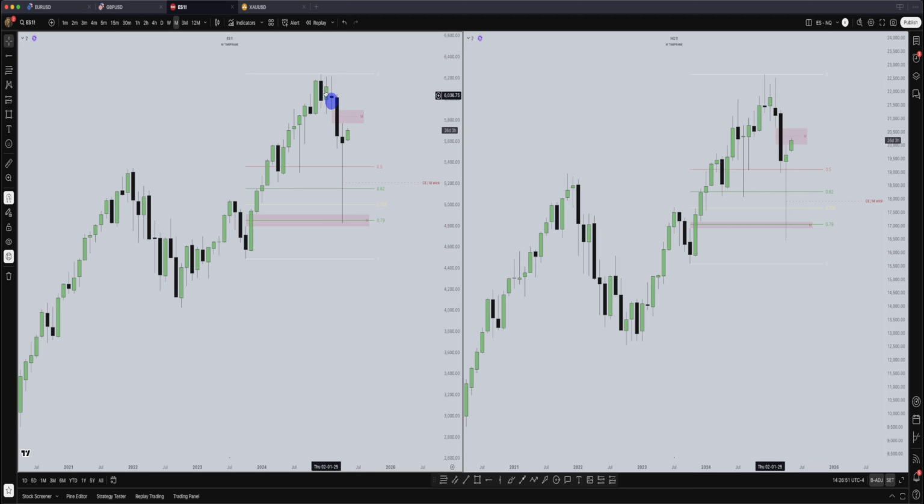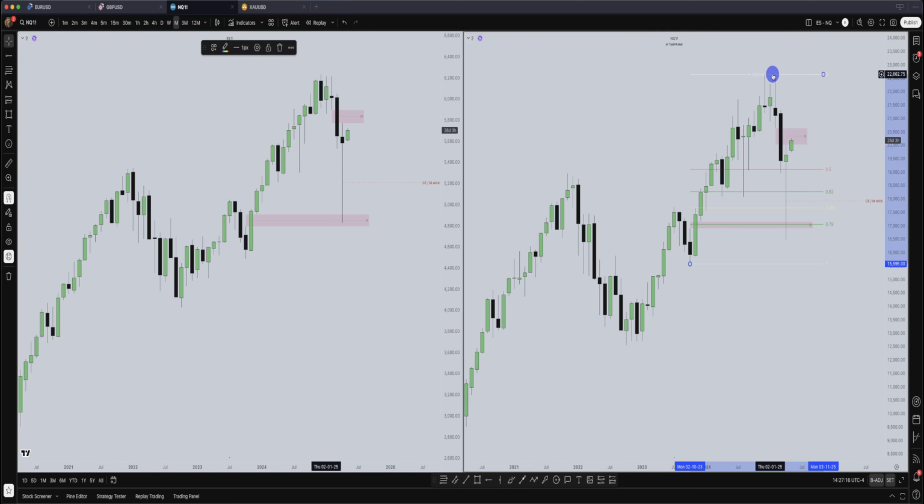Sorry, I didn't say that, but I'm in a monthly time frame. Here price also visited the monthly fair value gap, but this time it went lower than ES. This is a monthly chart, so these are very important levels to have in mind.